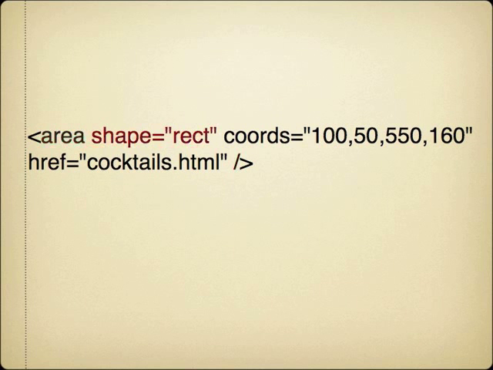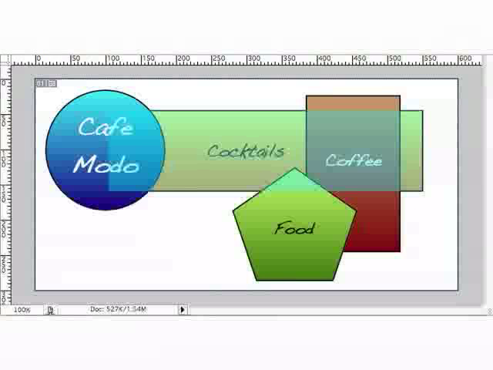We say shape equals rect. Now this says that the space that we're specifying is a rectangle. Now the next thing we do is we specify the coordinates of the rectangle. Now to define a rectangle, you only need 2 points. You need the top left point and the bottom right point. And that's all you need to know.